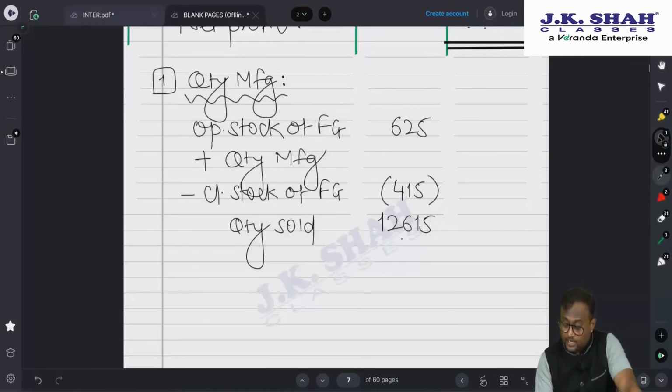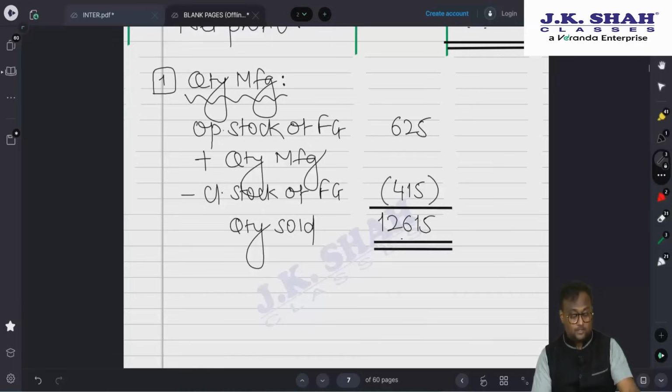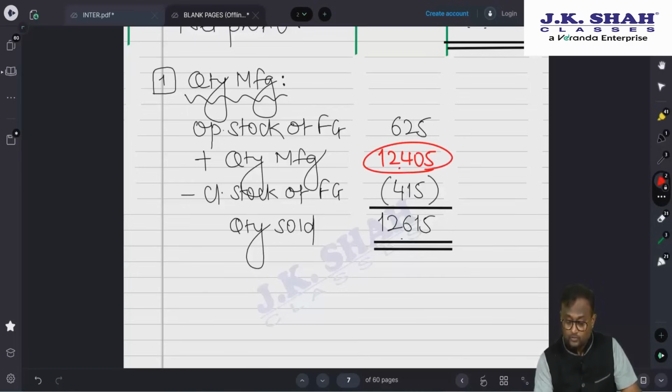So despite selling 12,615, you still have 415 with you, but 625 were already with you. So 12,405 must be your quantity manufactured.